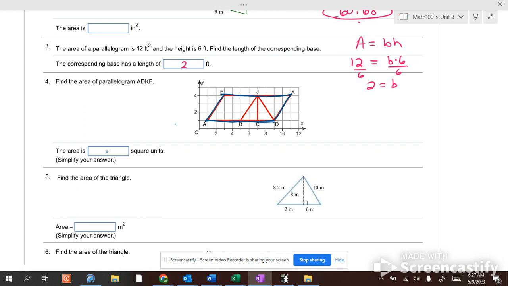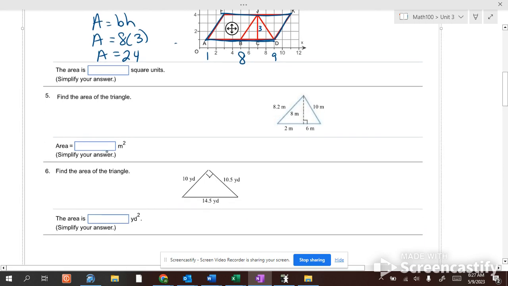All right, so AD goes from 1 to 9. So that's 8 for the base. The height goes 3 squares. So the area is the base times the height. The area is 8 times 3. So the area is 24.